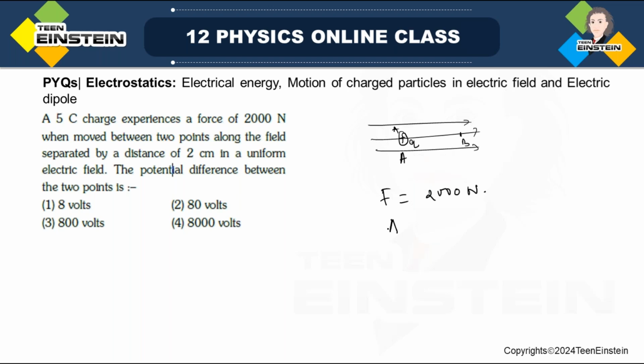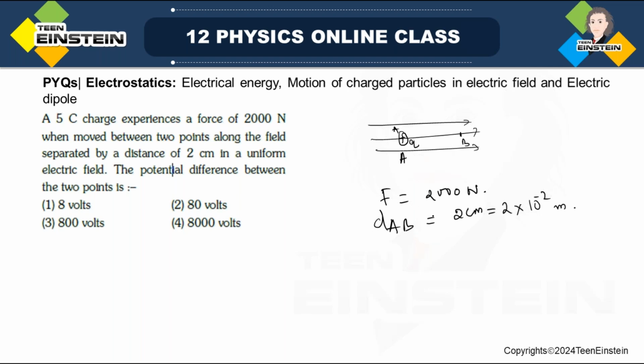And this AB distance, let us say DAB distance, is given by 2 centimeter, or 2 into 10 to the power minus 2 meter, in a uniform electric field. So you have to find out what is the potential difference.